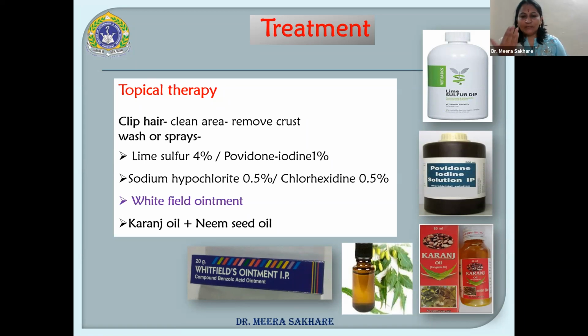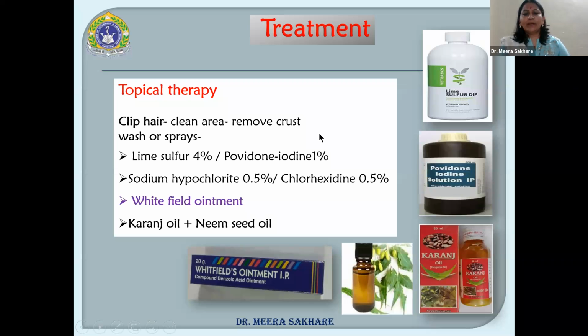Generally 3 weeks of treatment is necessary because the fungal lesions do not recover easily. That's why longer treatment is necessary in case of fungal infection. So 3 or 4 weeks of treatment is generally recommended in any ringworm case.